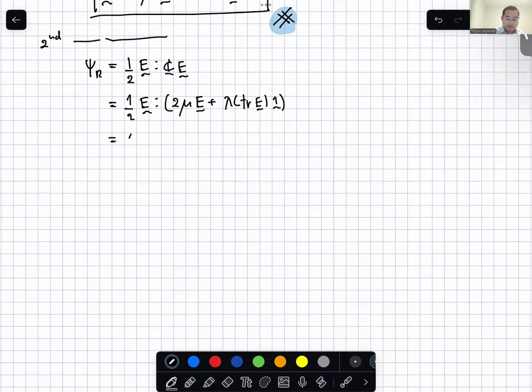And we distribute the E double dot into the parentheses.